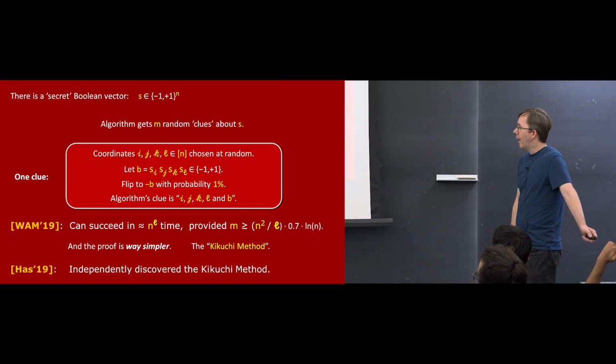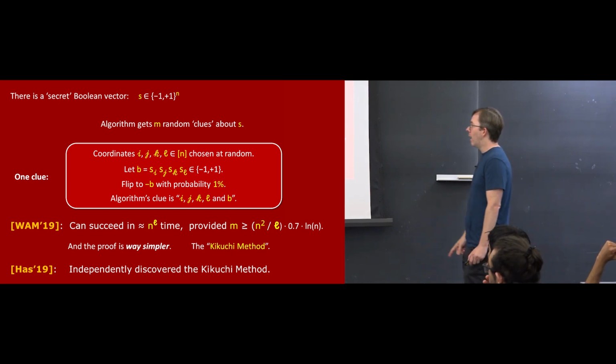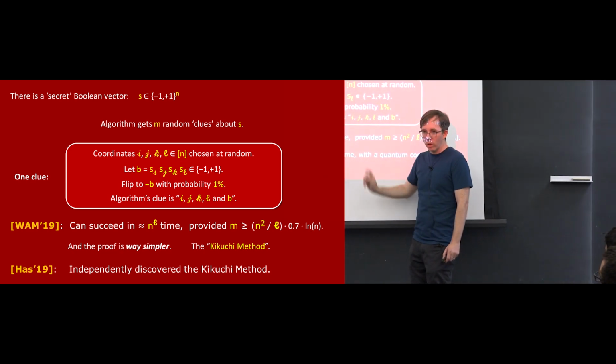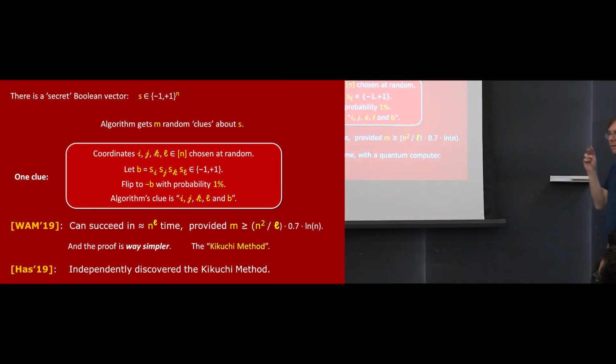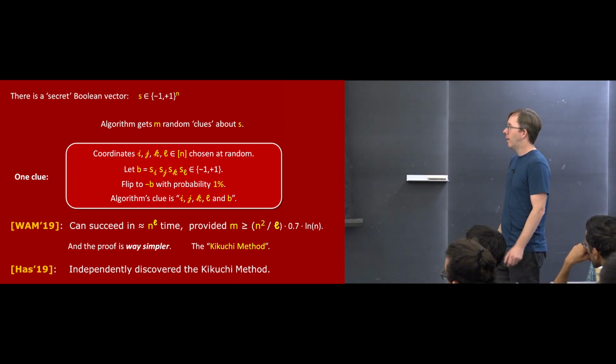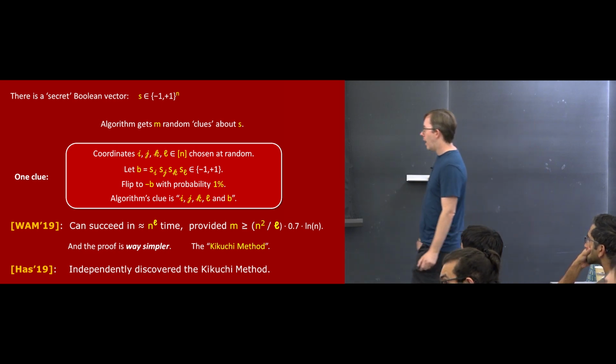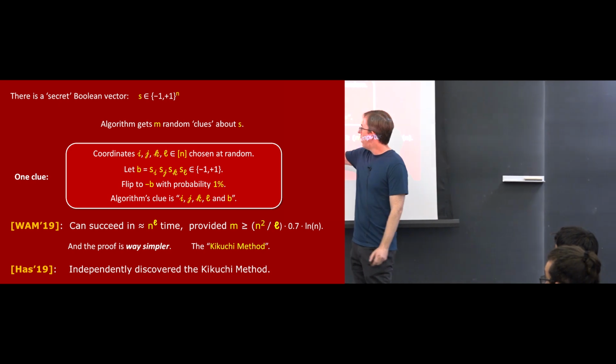Okay. And so our result is that under the same assumption, you can solve this problem in time that's like n to the L over 4. So this is the quartic, or fourth power, speed up in the title. What is this hiding?